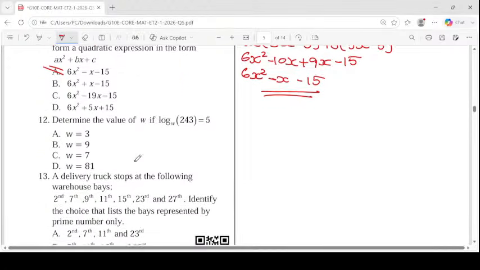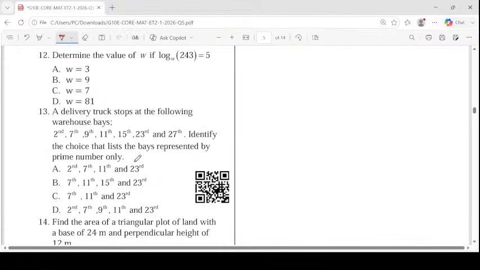Question number 12. We are going to question number 12, ladies and gentlemen. Determine the value of W if log to base W of 243 is equal to 5. We need to be very keen.